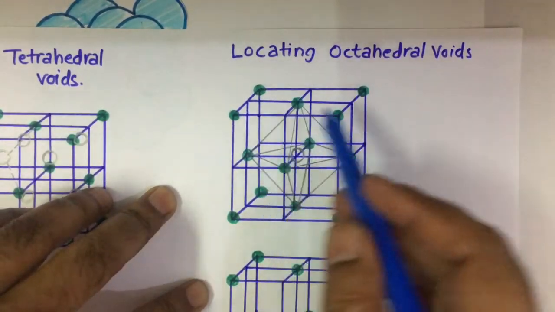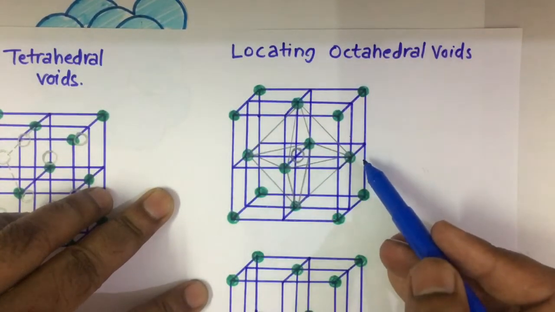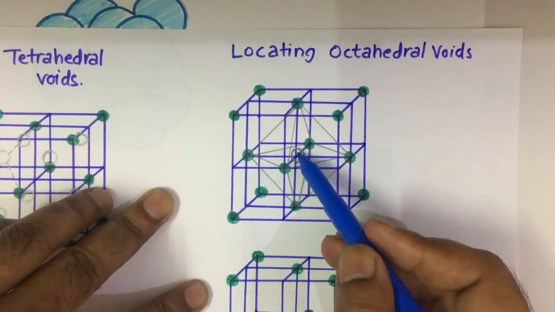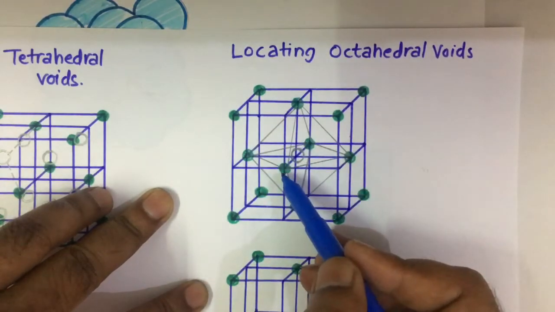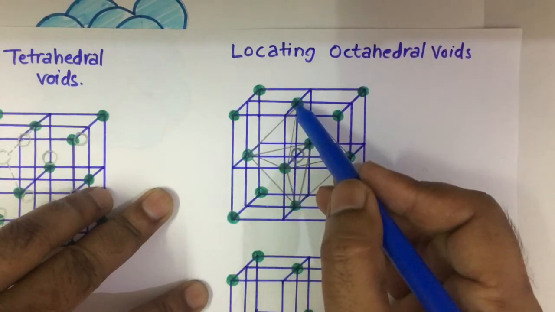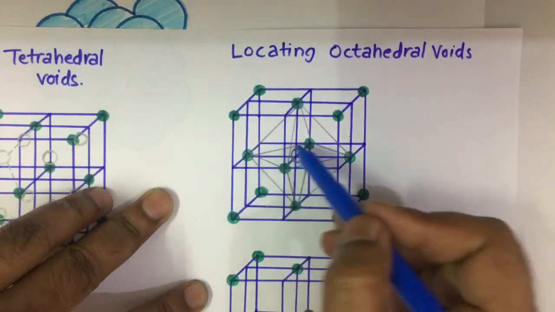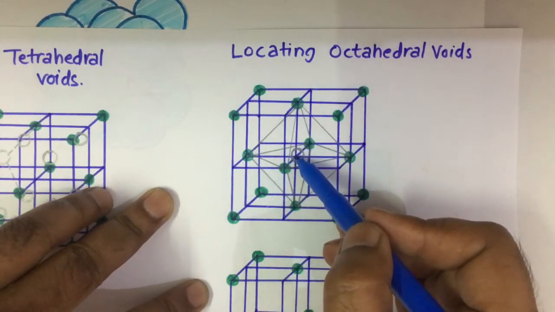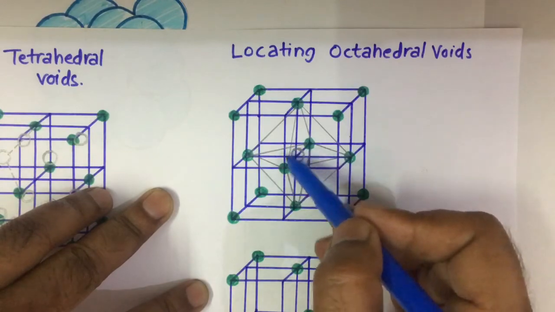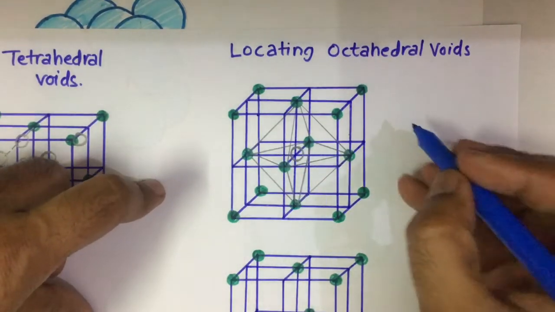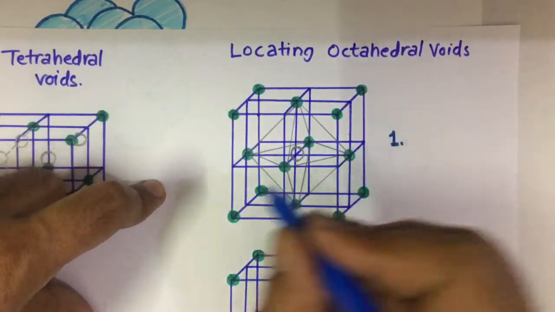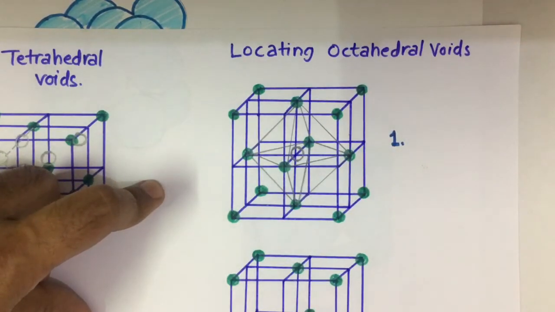Here if you look at this FCC unit cell, the center is vacant, and this vacant center is surrounded by these 4 spheres, 1, 2, 3, 4. Above these 4 is this sphere, and below this. So at the center there is an octahedral void which is totally inside this unit cell. So there is one octahedral void at the center of the unit cell.